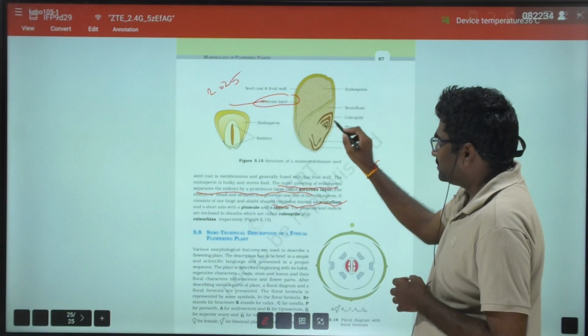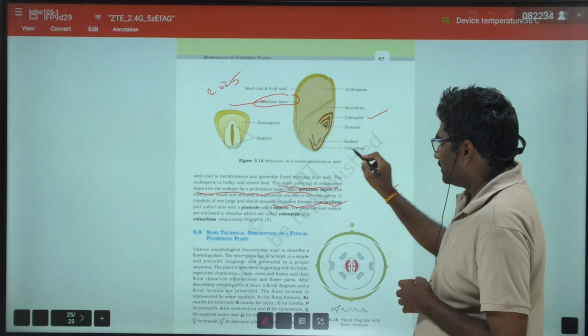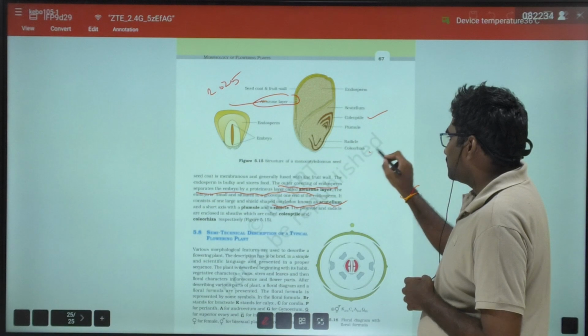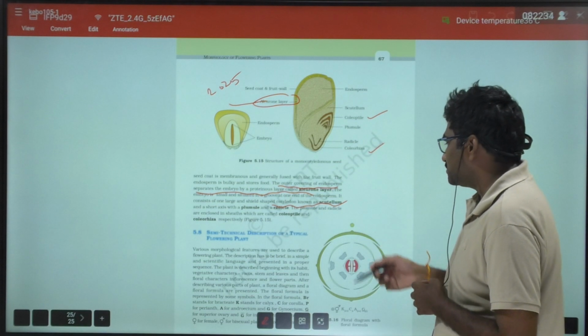The plumule is covered by a sheath called coleoptile, and the radicle is covered by a sheath called coleorhiza, and the root cap is also present.